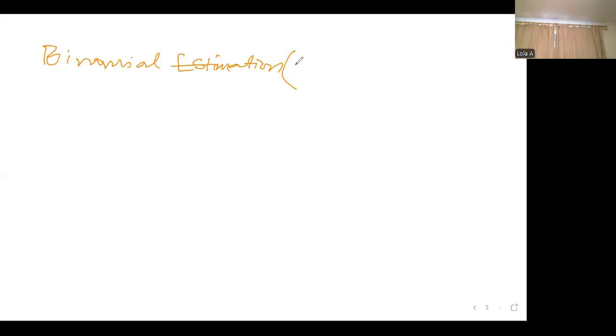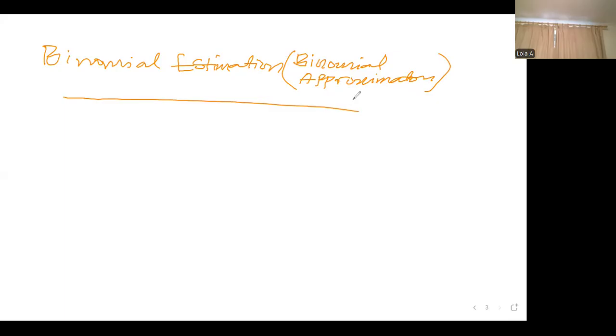In other words, binomial approximation. So what we want to discuss here is how to use binomial to carry out approximation. Is that clear?